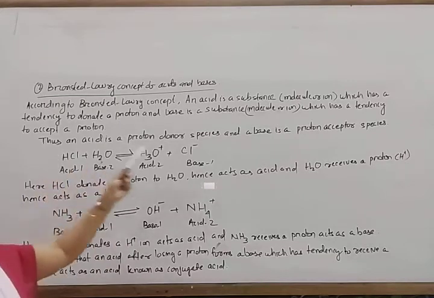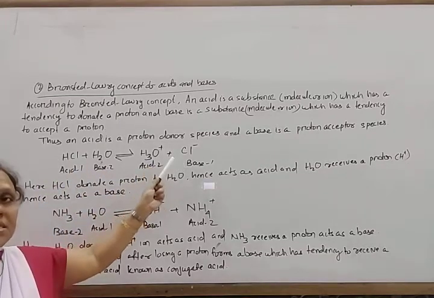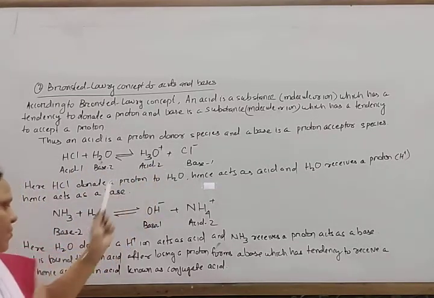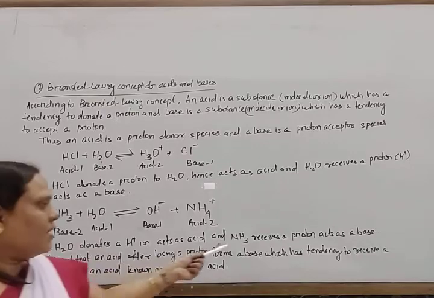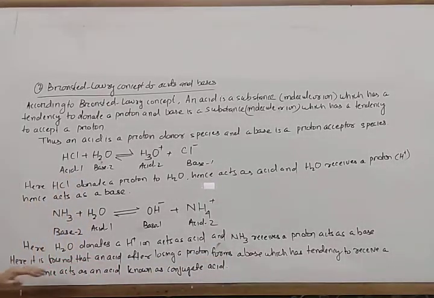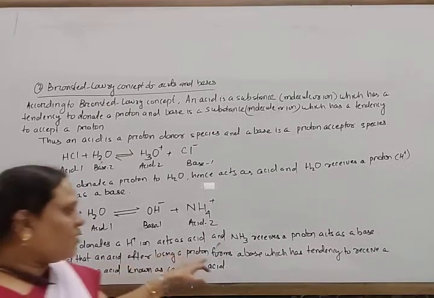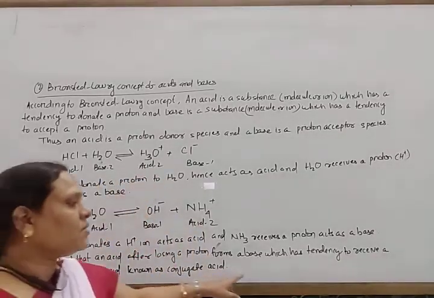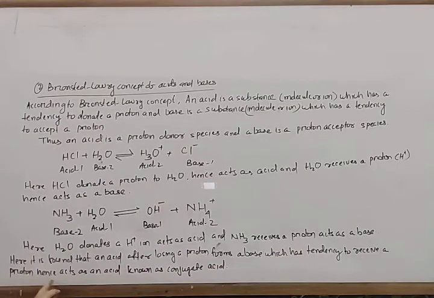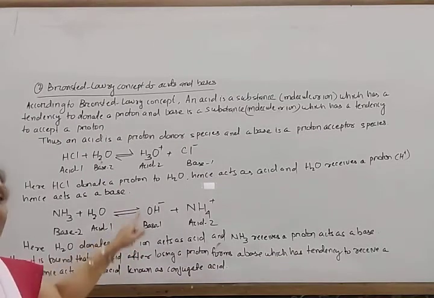Here HCl gives Cl minus ion, and Cl minus has a tendency to receive a proton. And again, an acid after losing a proton forms a base, here OH minus and here Cl minus, which have a tendency to receive a proton.